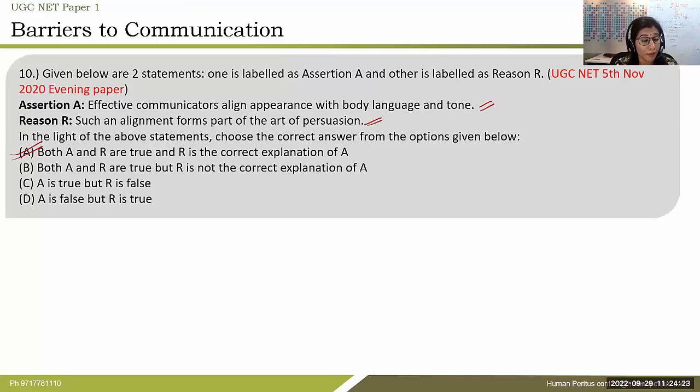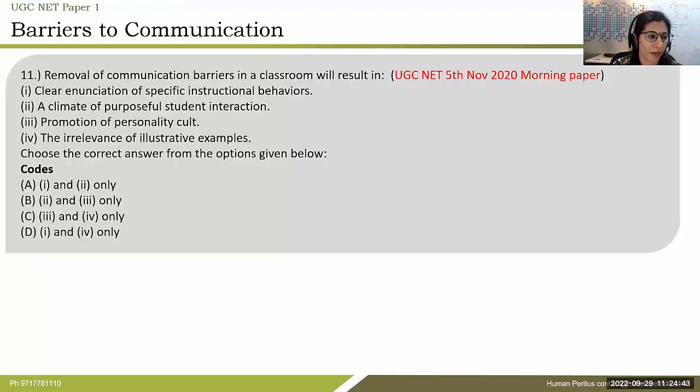Maybe you have seen many TV commercials where, to make the communication effective, their body language, their appearance, their tone, all are coordinated. Why? Because they want to persuade the customers to purchase their products. So a TV commercial is an example here to understand it in a much better way.